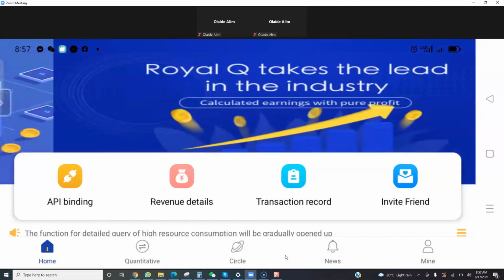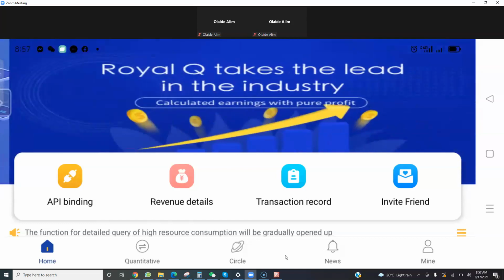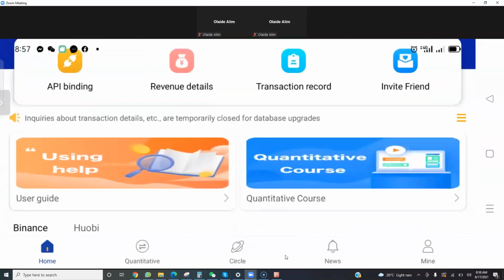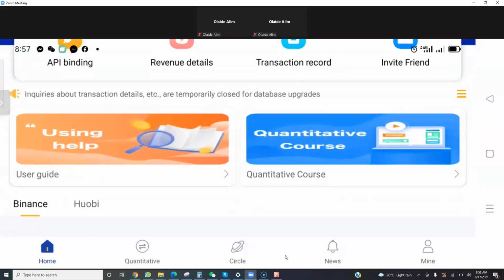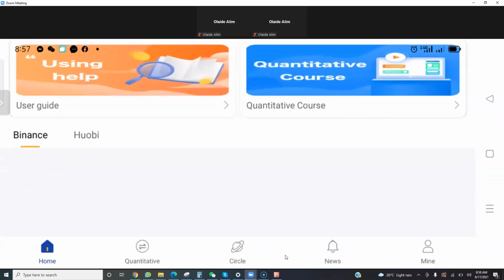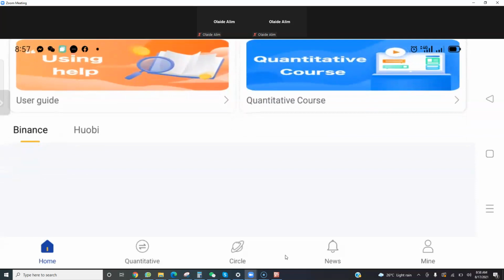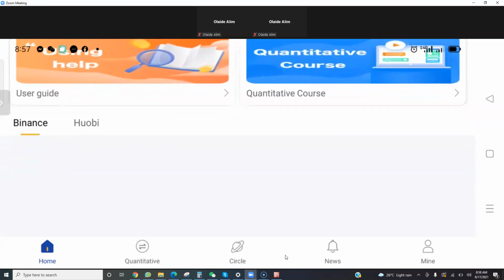Okay. Now, as you can see, you can make use of Binance, you can as well make use of Huobi. For now, I'm making use of Binance. So if you have an account with Huobi and you are comfortable with Huobi, you can make use of it. But the truth is, people are getting more results trading on Binance with this bot than trading on Huobi.